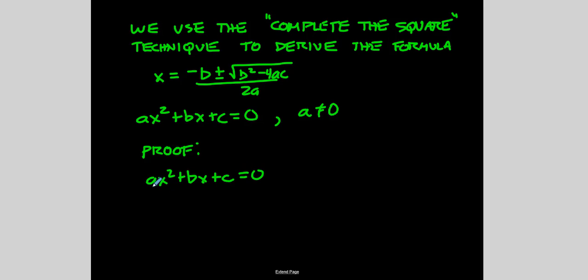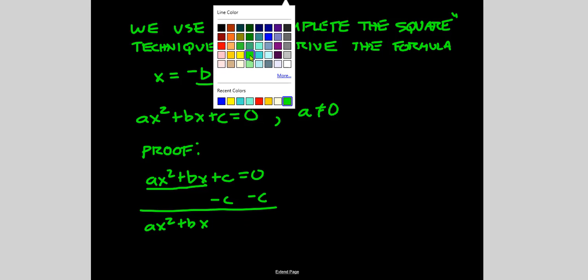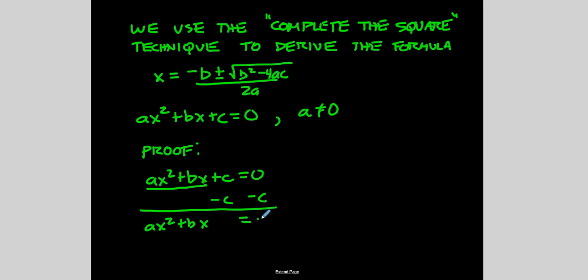To complete the square, first of all, you isolate the x squared and x term. So I'm going to subtract c from both sides. That's my first step. So now I have ax squared plus bx plus c minus c, those subtract out, c minus c is 0, so I have equals negative c.